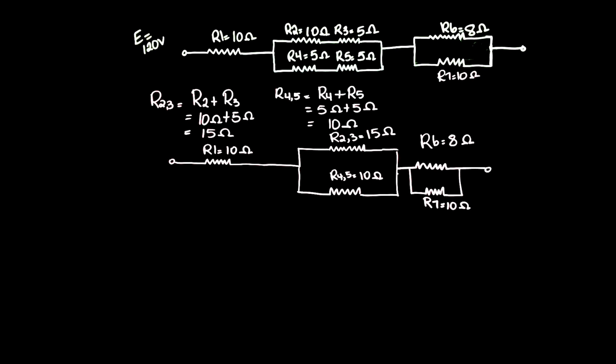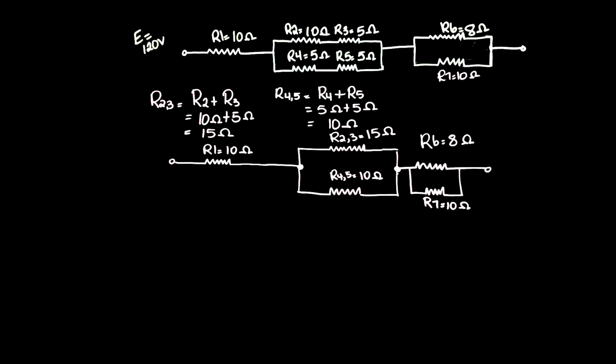So R2,3 at 15 ohms is directly parallel with R4,5 of 10 ohms. Electrically, this point of potential is the same as this point of potential. So whatever volt drop you would read across R2,3 would be the same value of volt drop that you would read across R4,5.